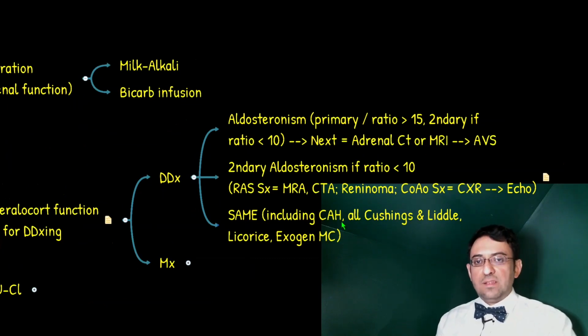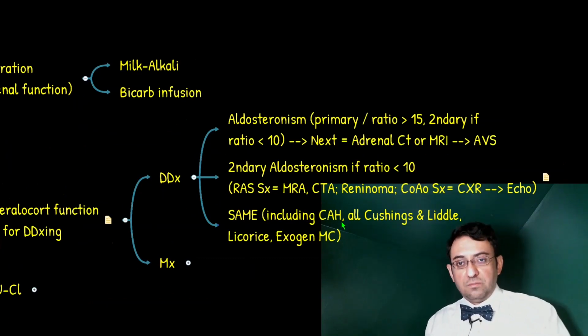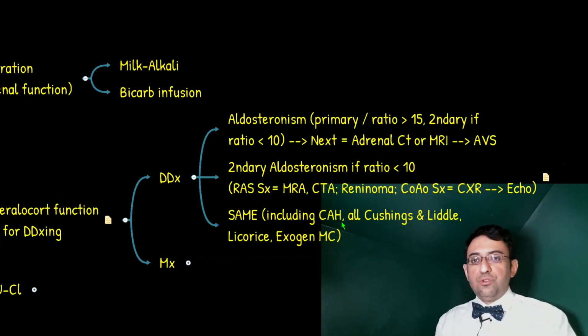The easiest one is exogenous mineralocorticoid. It suppresses renin and also therefore suppresses aldosterone, while the patient has all the functions of aldosterone. Now, next question is why Cushing syndrome can manifest as a disorder with mineralocorticoid excess. That's because cortisol has mineralocorticoid function.